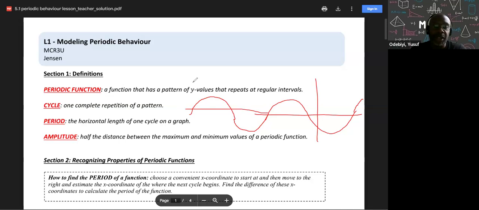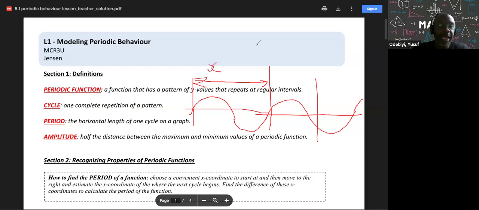So if my pattern started here, and then it looks like it repeats over here, from here to here is one cycle, because then it repeats again. Then you have a period. The period is the length of the one cycle, the x value.